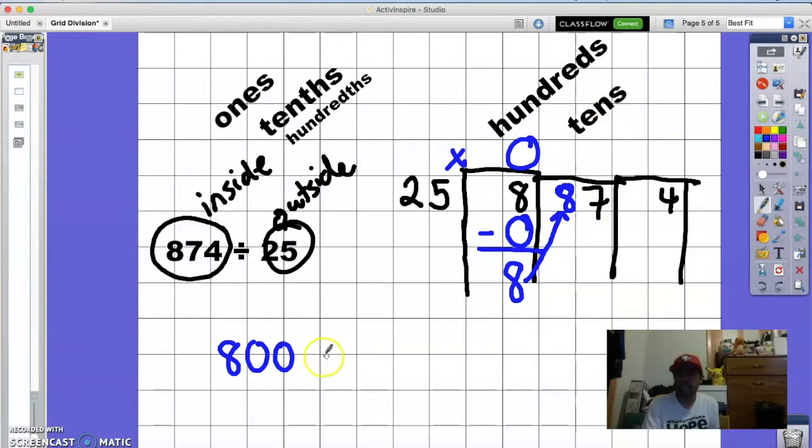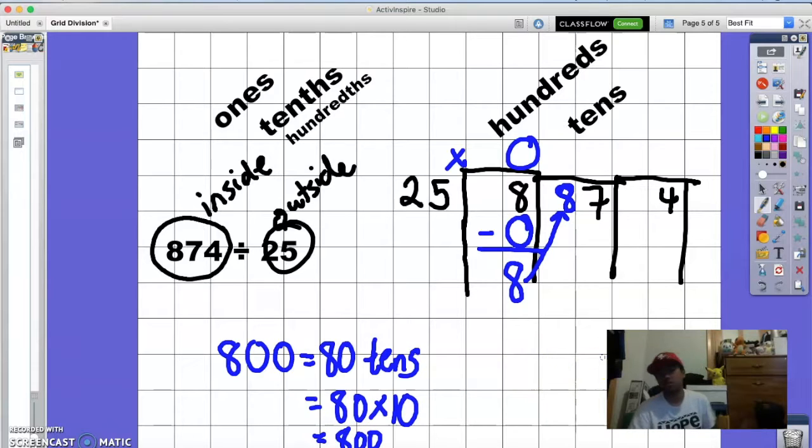So I have 80 tens. What I'm basically saying is that 800 is the same thing as 80 tens. Wait, is that right? 800 is the same thing as 80 tens? Oh, yes it is. So there's just something to keep in mind. You don't have to necessarily, but it's a good thing to know. Okay, let's keep on going.